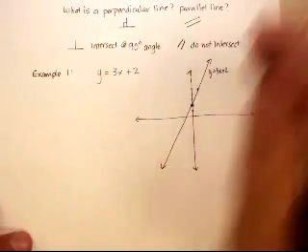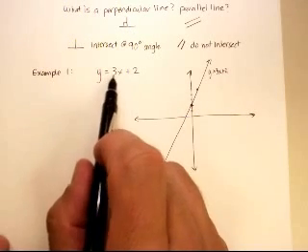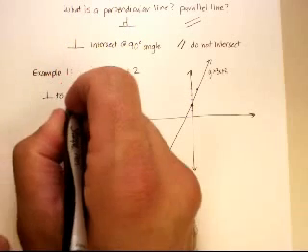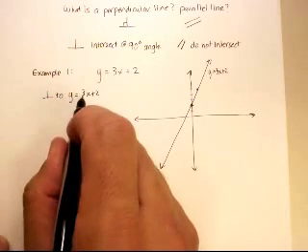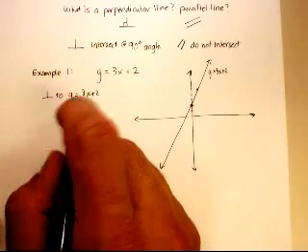Now, a perpendicular line basically works off the slope. Perpendicular to y is equal to 3x plus 2 would be where the slope is the negative reciprocal. Okay?